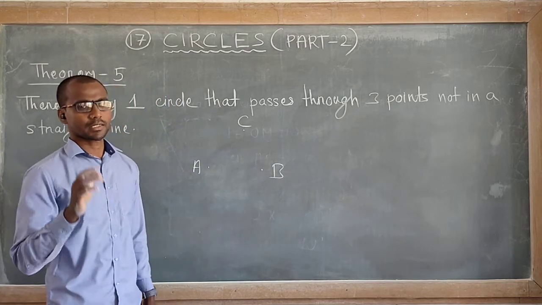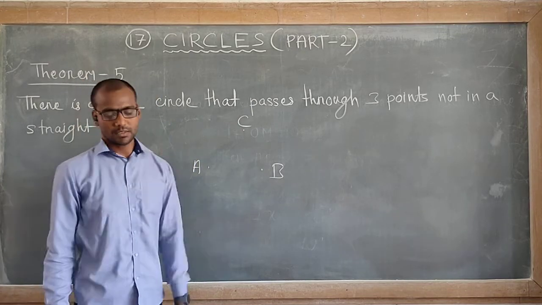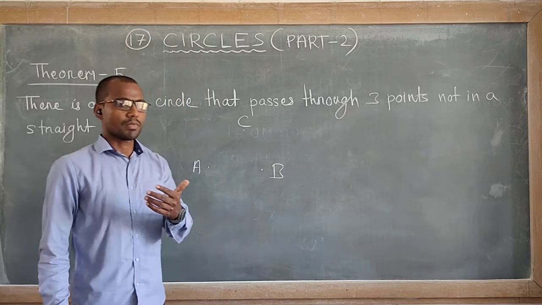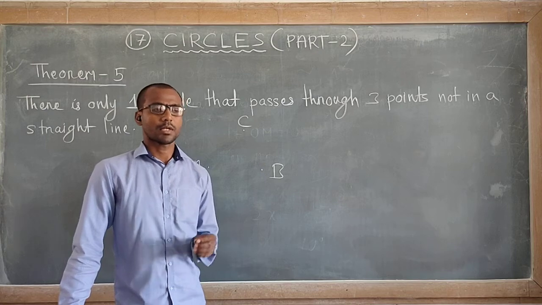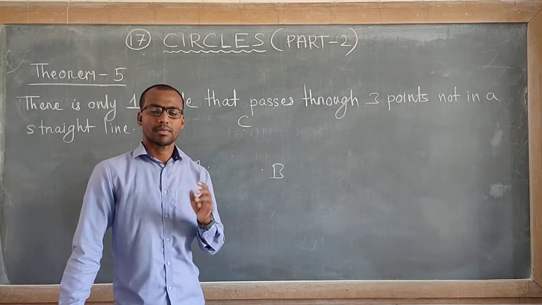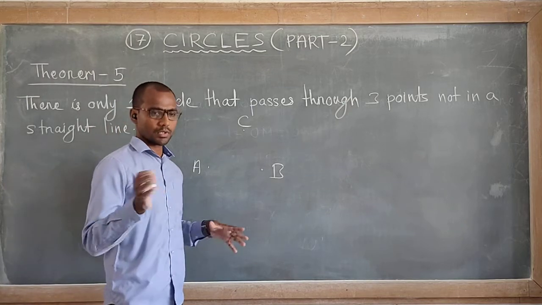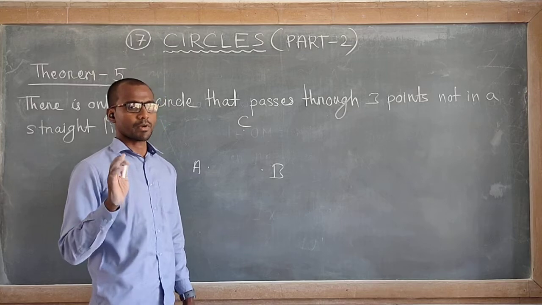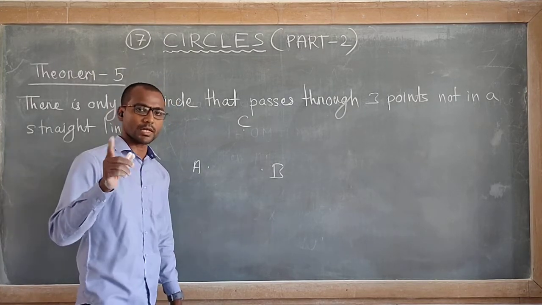Now we will prove that there can only be one circle that will pass through A, B and C. For this unit construction, you can do with me in your copy. You can use scale, compass, pencil, eraser, etc. I don't have compass, I am using my hands, just a rough sketch, but I want you to do it fairly using compass, so that you will get the result by yourself.